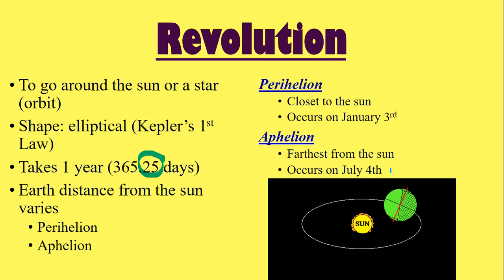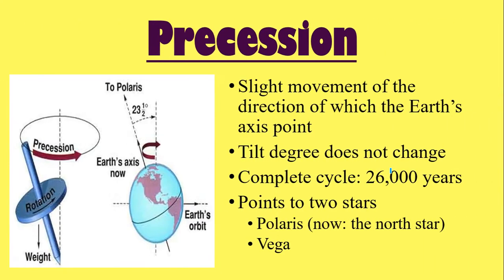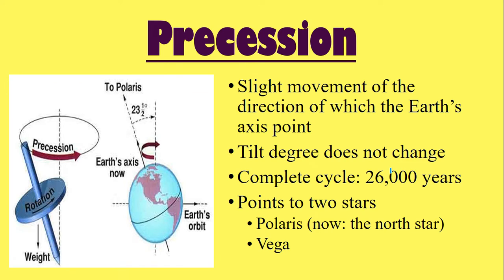But that's revolution. Precession is the slight movement of the direction in which the Earth's axis tilts. Now, our Earth's axis is tilted 23.5 degrees, and the tilt doesn't change during precession.